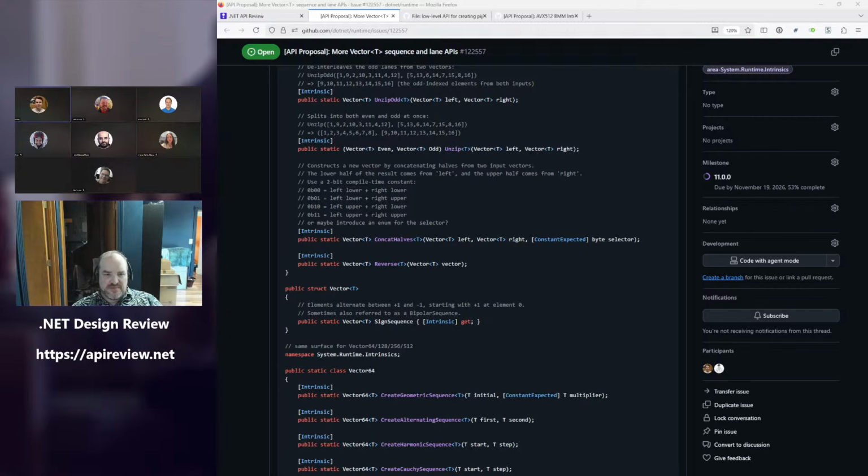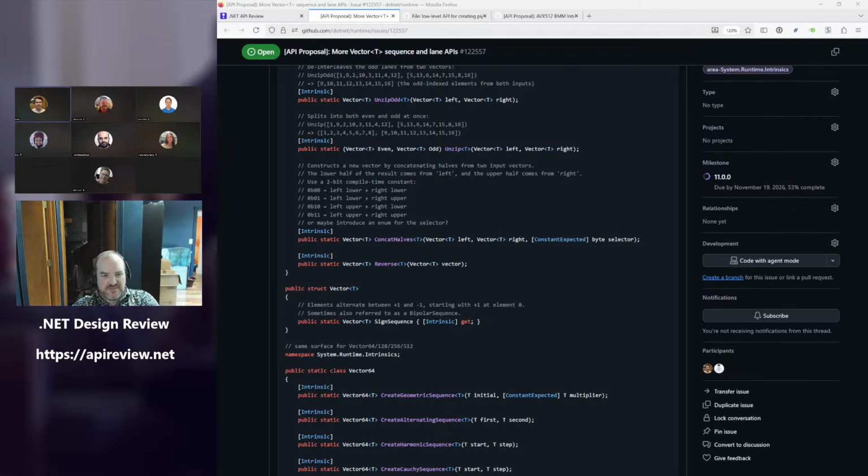However, in talking about this with various people in the community and other areas, we weren't able to come up with, well, one, we didn't want to expose 8 different overloads called like concat lower, lower, lower, upper, upper, lower, upper, upper, or anything like that. And users using intrinsics are typically familiar with control masks like this. So the most intuitive thing we were able to come up with was just call it concat halves.